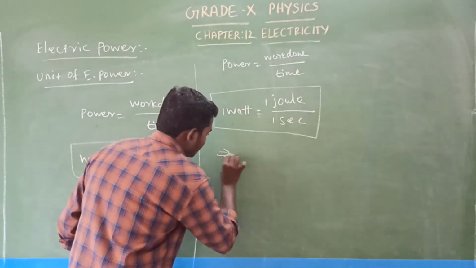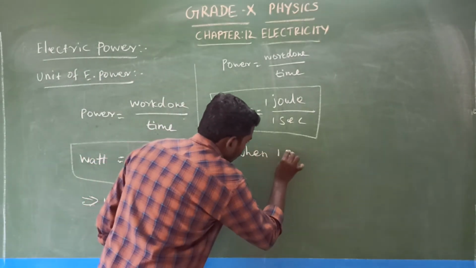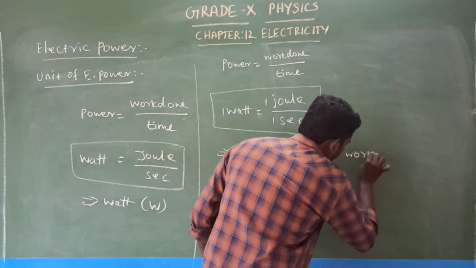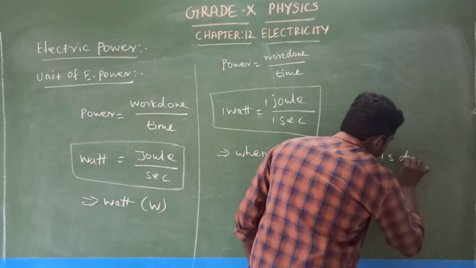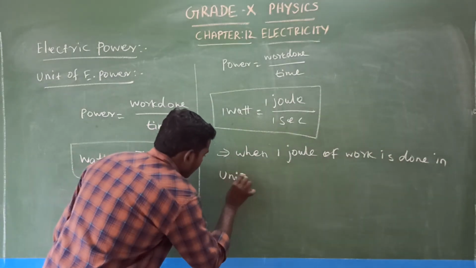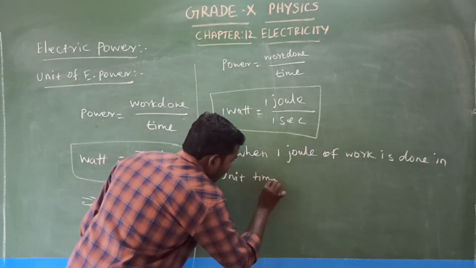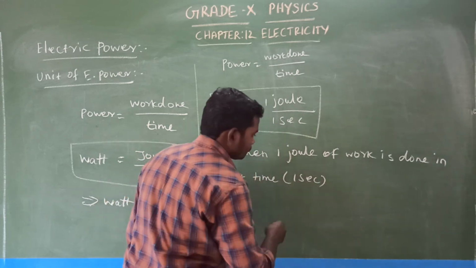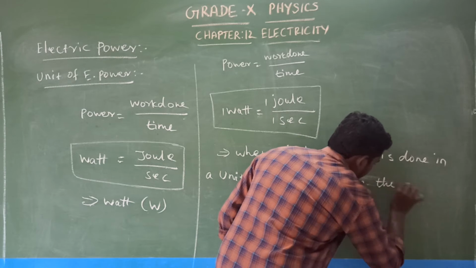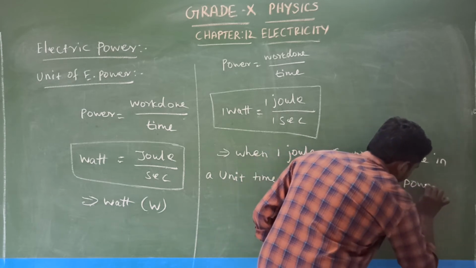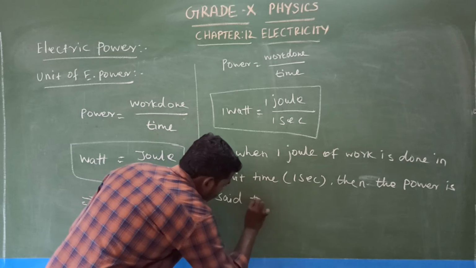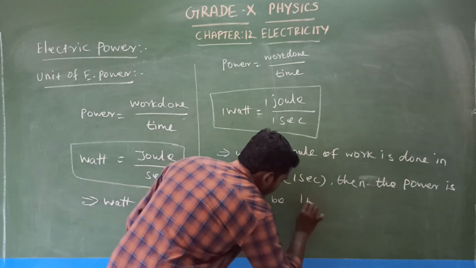So I'll write the definition. When 1 joule of work is done in a unit time, or otherwise we can say 1 second, then the power is said to be 1 watt.